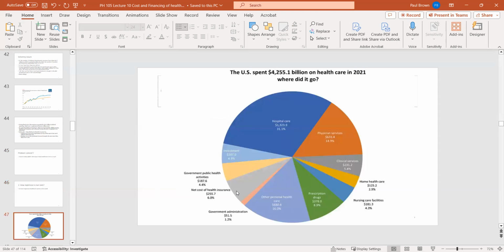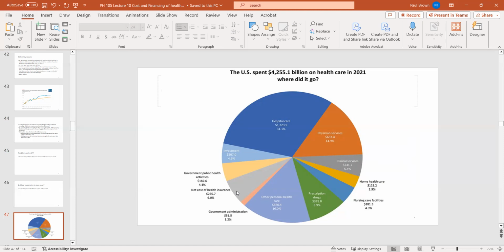All right, so there's the number. The US as a whole spent $4.25 trillion on healthcare in 2021. Our total economy is, call it, $20 trillion. So that means basically 20% of everything that we spent was on healthcare.